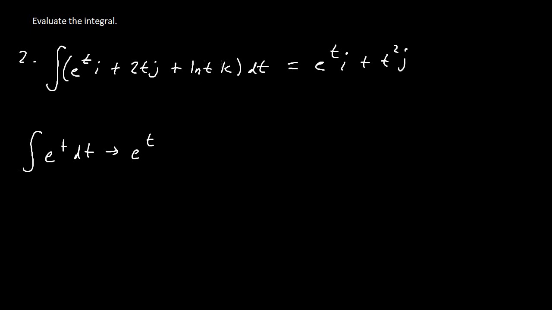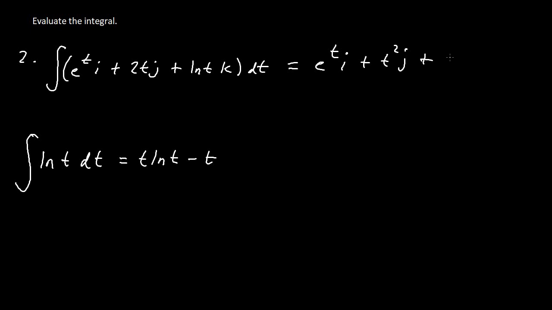And then finally we have the integral of the natural log of t. And so the integral of ln of t, now you could use integration by parts, but it's easier to actually memorize the integral. And so the integral is going to be t times the natural log of t minus t.